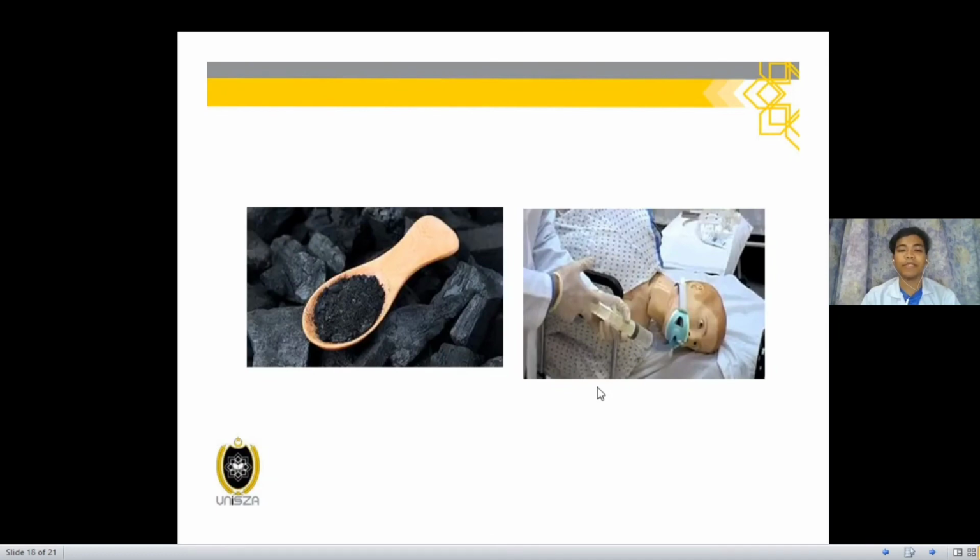So these are the pictures for the activated charcoal that is being used in the GIT decontamination, and also the picture right below on your slide. As you can see, the nurses do the procedure for the GIT decontamination.